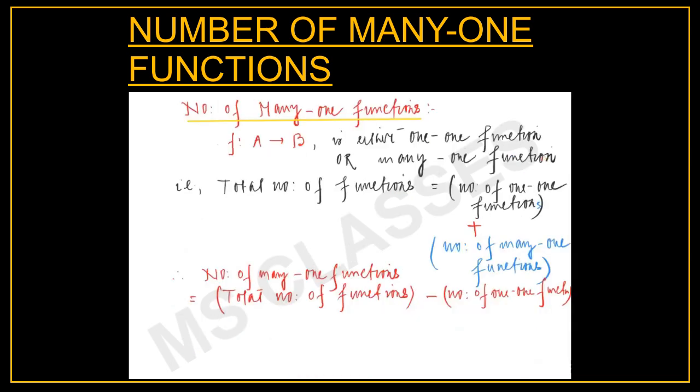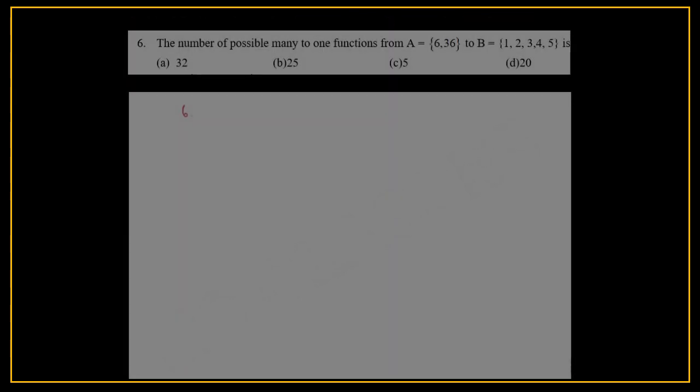So the number of many-one functions is R to the power of n minus RPn if R is greater than or equal to n, and R to the power of n if R is less than n. When R is less than n, there is no question of one-one functions, so we have only many-one functions. Total number of possible many-to-one functions.